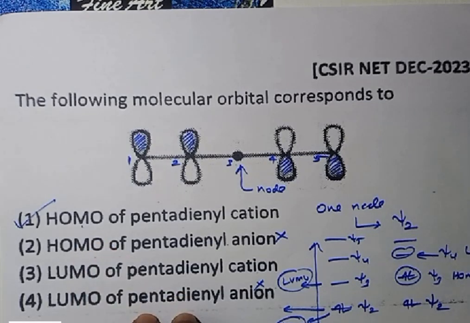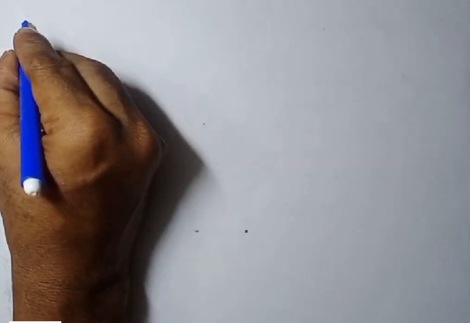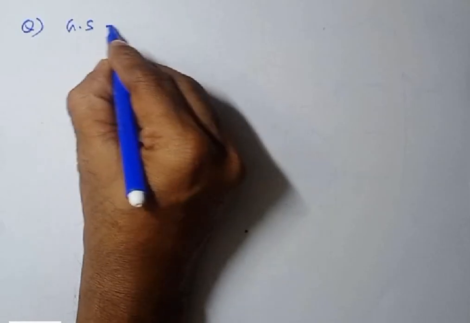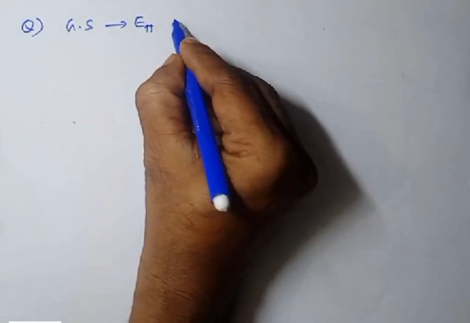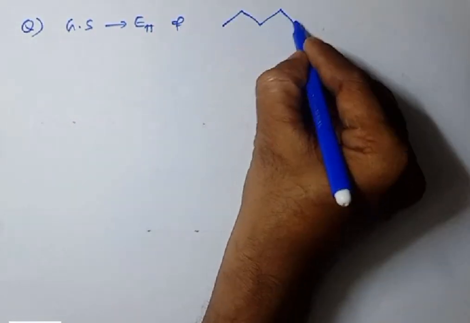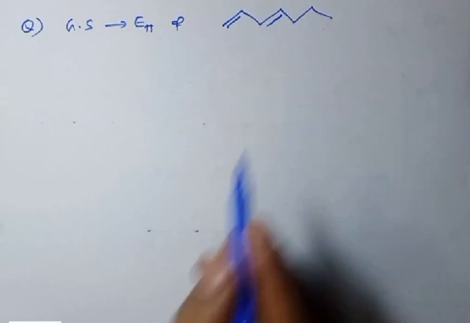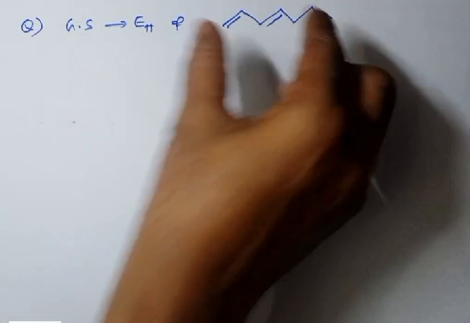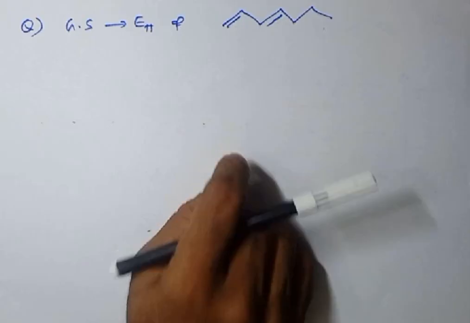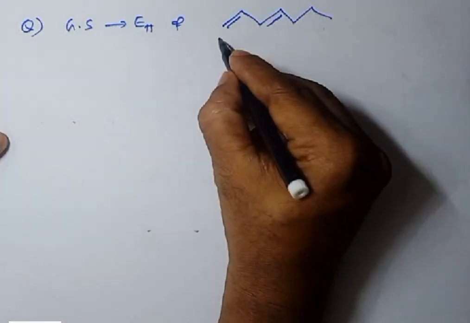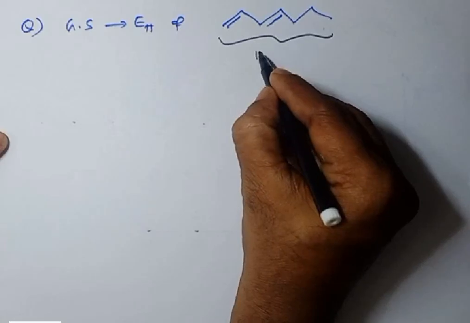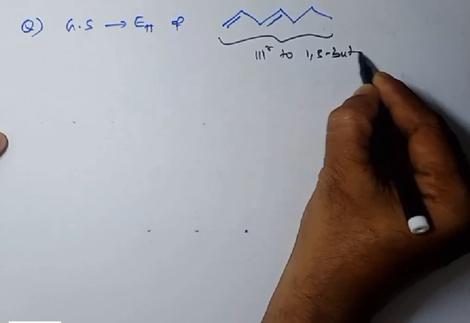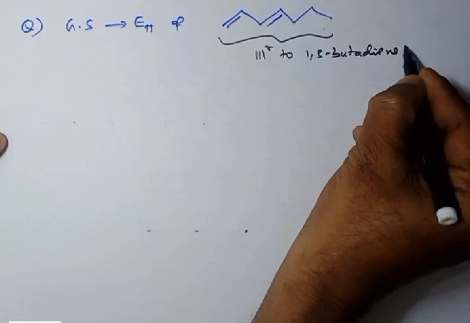Okay. Let's try to answer this question. Find the ground state pi electronic energy of this molecule. Yes, 1,3. So this given system is similar to 1,3-butadiene.